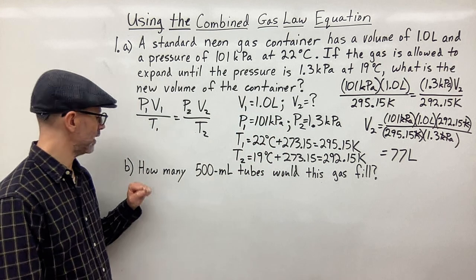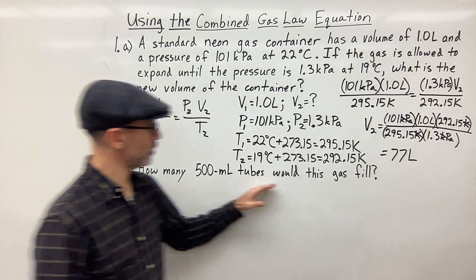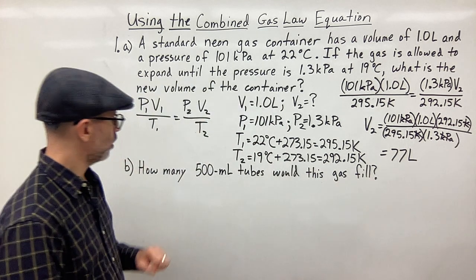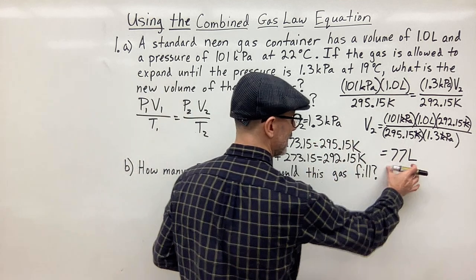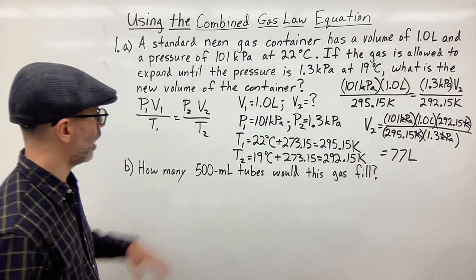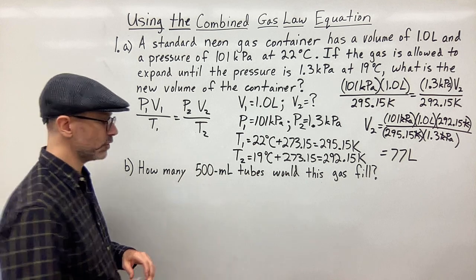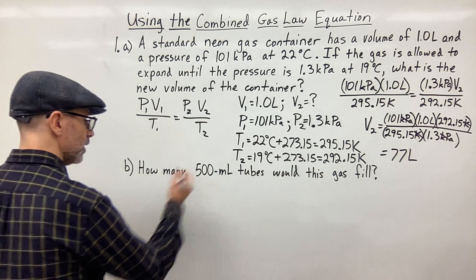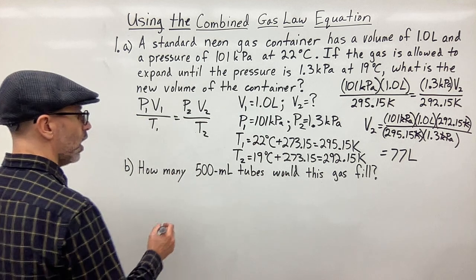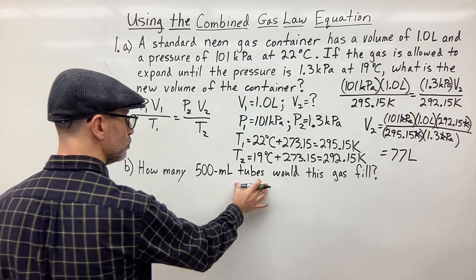Now, part B is saying how many 500 milliliter tubes would this gas fill? Okay, so we're given 77 liters, and we want to know how many 500 milliliter tubes this would fill. So what we need to do is convert. So we want to know the number of these tubes.